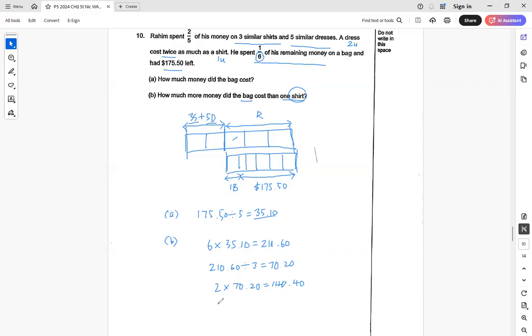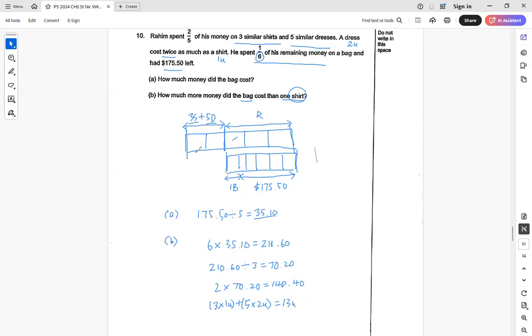So you have 3 shirts, it will be 3 times 1 unit. And then for the 5 dresses, one dress is 2 units. So 5 dresses will be 5 times 2U. So this one I can put a bracket to separate it out. This is for the 3 shirts, this is for the 5 dresses. So total, 3 times 1 will give you 3U, 5 times 2 is 10U. So total it's 13 units.